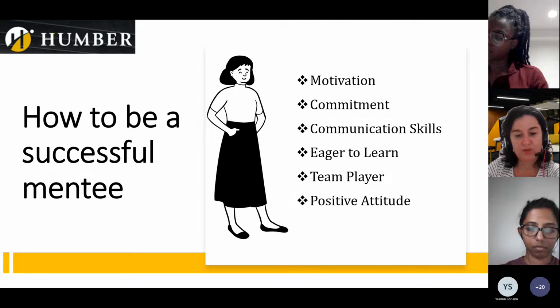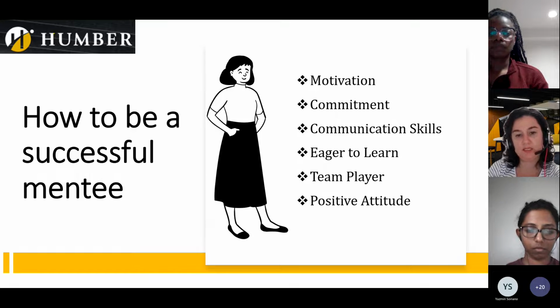How to be a successful mentee. So here you can see outlined a list of characteristics, and these are not exclusive to mentorship only, but are also essential in professional settings.